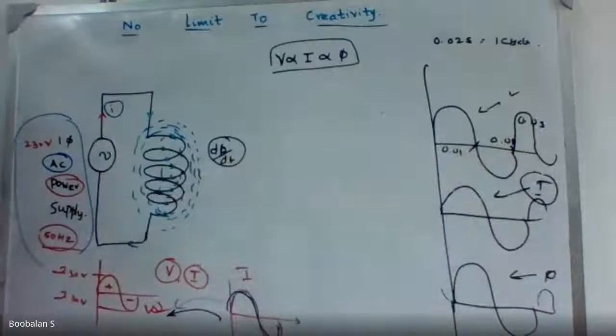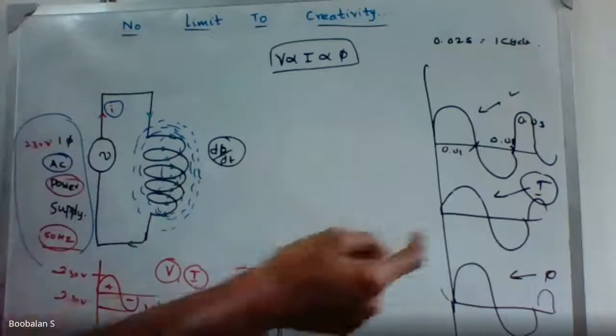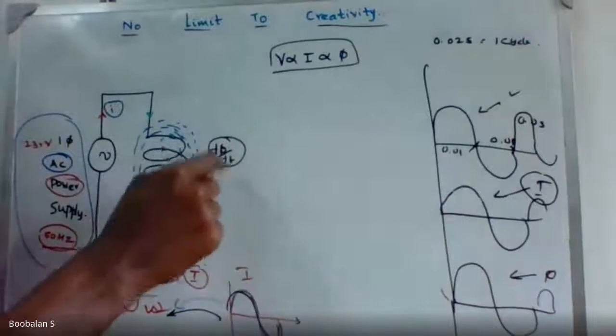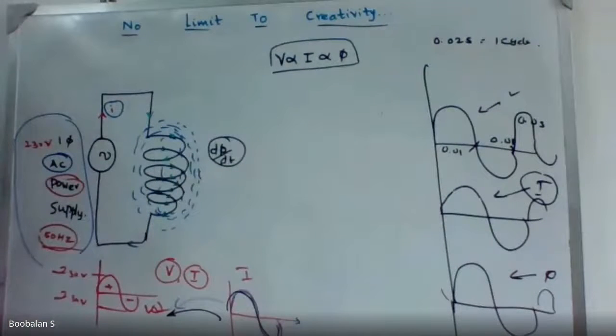Due to that voltage wave, the current will also have the same waveform, the way the voltage changes. And due to that nature of current, the flux lines will also be in the same form. Any doubt up to this? Anyone?